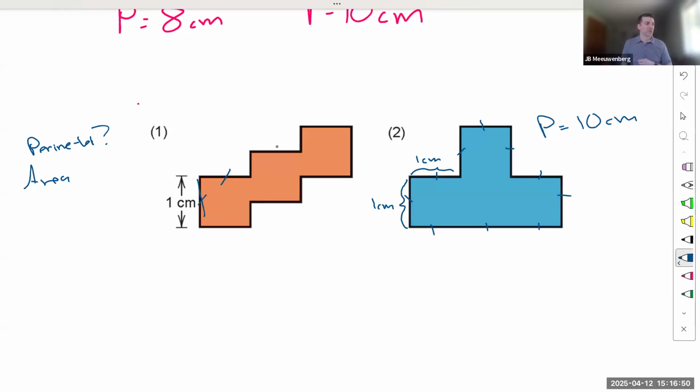So again, 1, 2, 3, 4, 5, 6, 7, 8. But then what do we have here? We've got almost like 2 partials that would add up to 1 because they're the same length as from here to here as here to here. So that would be 8.5, 9, and we have the same thing happening here, 9.5, 10. So this also has a perimeter of 10 centimeters.